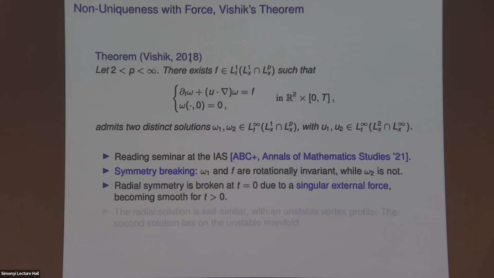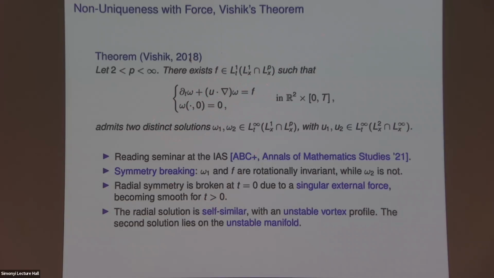And so the idea is that the one responsible for this symmetry breaking is the external body force. I mean, here there's some very strong form of instability hidden in this problem. And this instability is the main reason for the existence of the second solution depending on the angular variable.